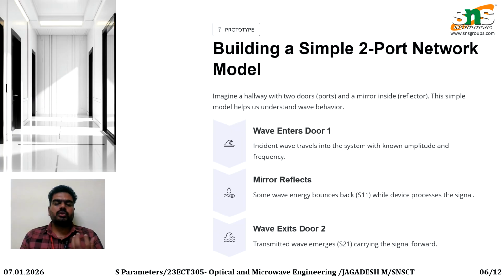Building a simple two-port network model: wave enters door one, mirror reflects, wave exits door two. If it reflects back, that is the reflection, called an echo, which we don't want, because our aim is to transmit the signal from door one to door two. But in a practical scenario, reflection will take place, so that will be considered when we derive the behavior of microwave signals.